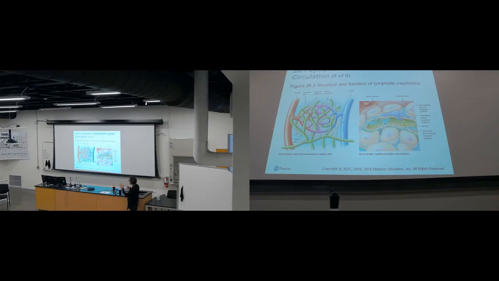This is a longitudinal section, and this is the ending of this capillary. They have only one layer of cells, simple squamous epithelium, and then you have this lymph coming in between the gaps between these cells.